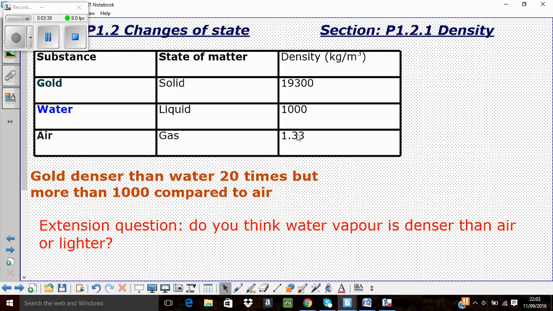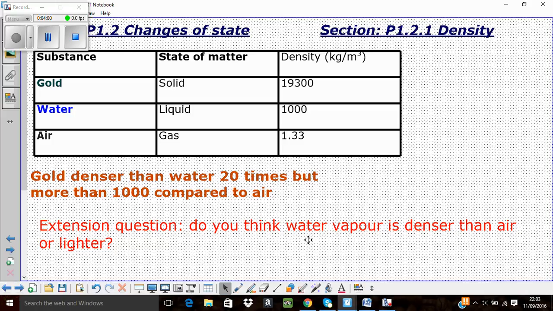But if we look at air compared to the water, air is only 1.33 and water is 1,000. So here the difference is almost 1,000 times. As I wrote at the bottom, gold is denser than water approximately 20 times, but more than 1,000 times denser compared to the air.